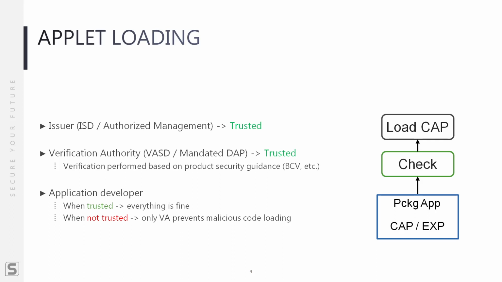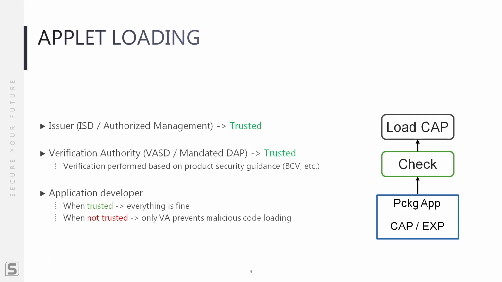Typical rule is to execute the bytecode verifier (BCV) from Oracle Development Kit, ensuring that the application is well-formed. The verification authority has a specific key inside the card which is used to ensure that the loaded application has been successfully checked and signed.